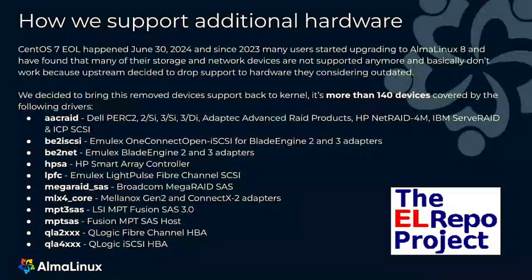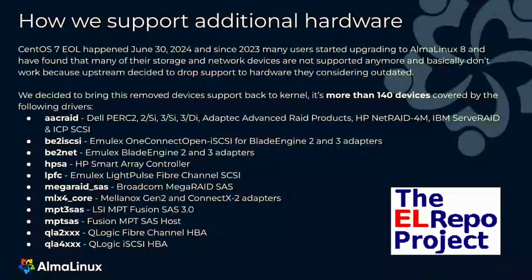There is the ELRepo project that provides a lot of modules for such operating systems, but it's not easy to use. Sometimes you need to use it as driver disks, and it's very hard to use if you try to upgrade with ELevate. It's much easier if this support is included right in the operating system.